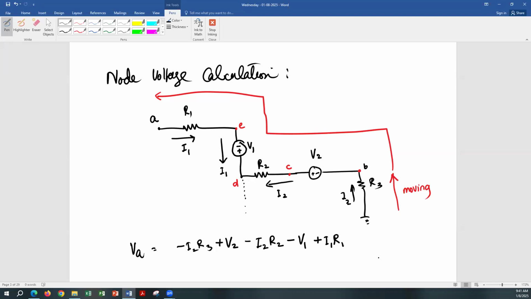You just have to traverse one path towards node D and calculate all the voltages along the path, and you will know the voltage at node D. Yes, there can be another branch here, there can be another branch here, but the node voltage is not going to change based upon how many branches are connected. Node voltage will still be the same. So you just have to traverse one path getting to that node, and add all the voltages along that path.